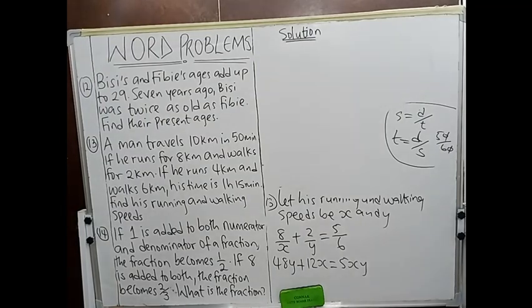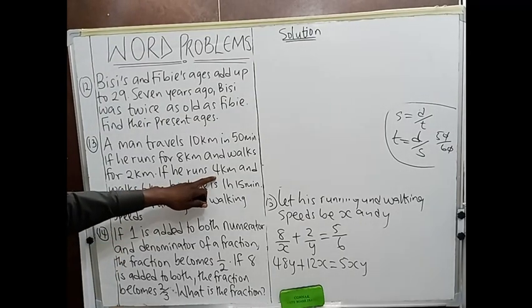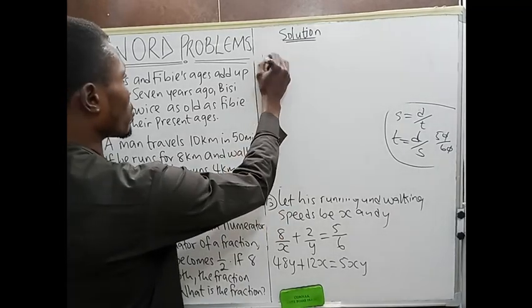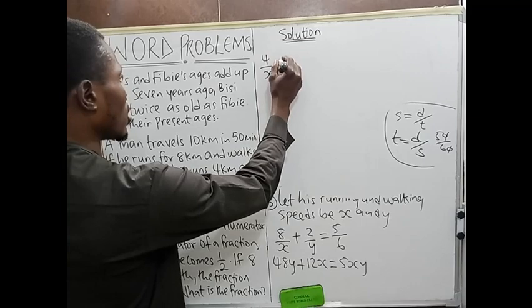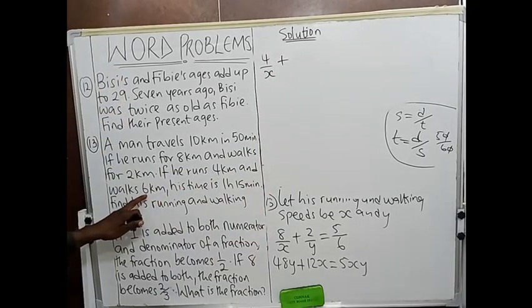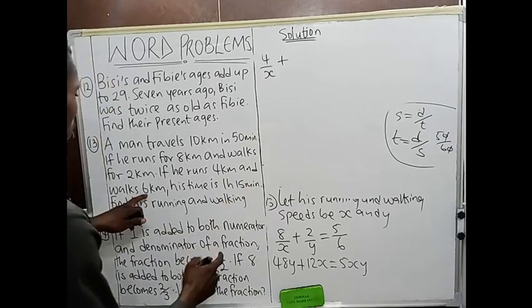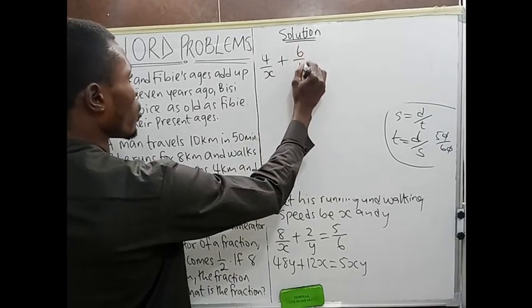All right, next statement, we're told if he runs 4 kilometers, the time he runs for 4 kilometers is 4 over the running speed, that is 4 over x, plus, and walks for 6 kilometers, at time 6 over the walking speed, that is 6 over y.